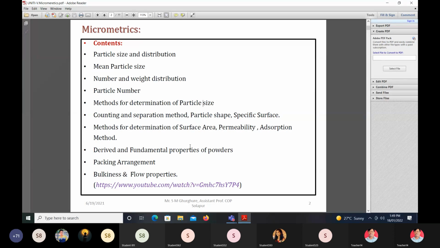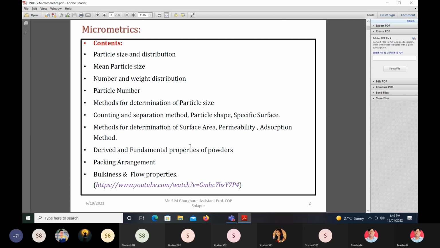Then the Hausner ratio and its relationship with the flow properties of the powder, and then the packing arrangement of the powder, how the powder is going to be arranged, in rhombohedral form or closely packed to each other. That part we are going to discuss in this micromeretics chapter. With this content, we'll move towards the next point.